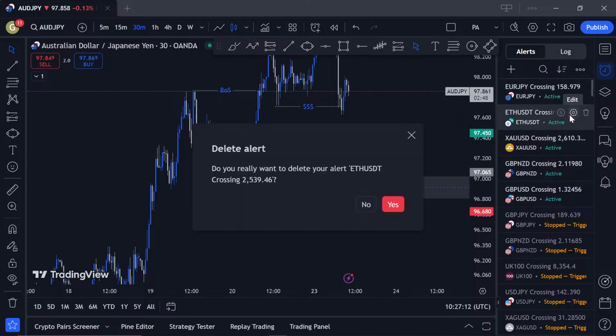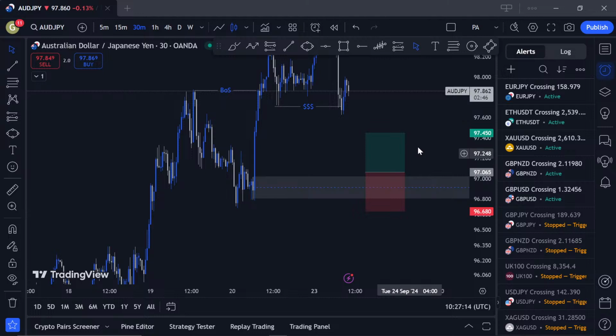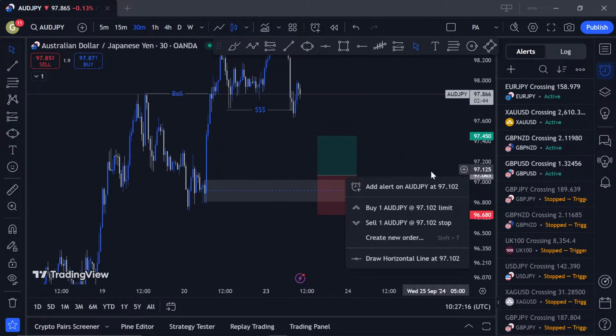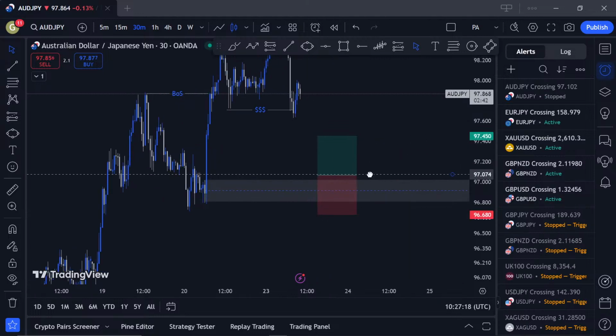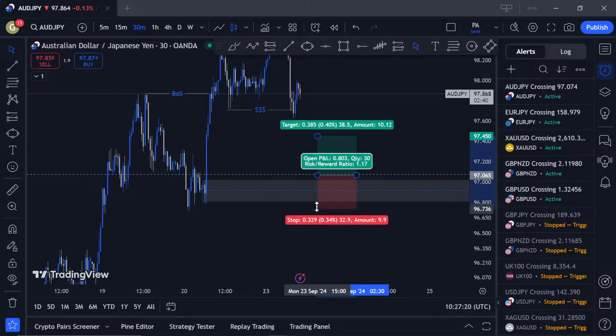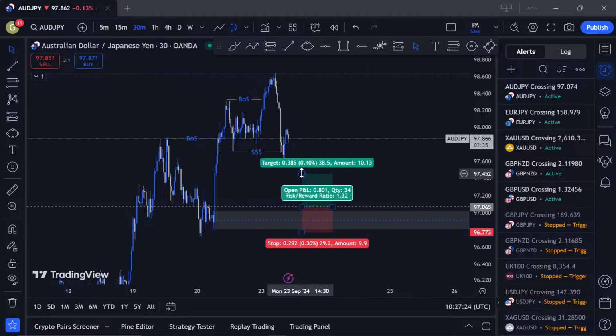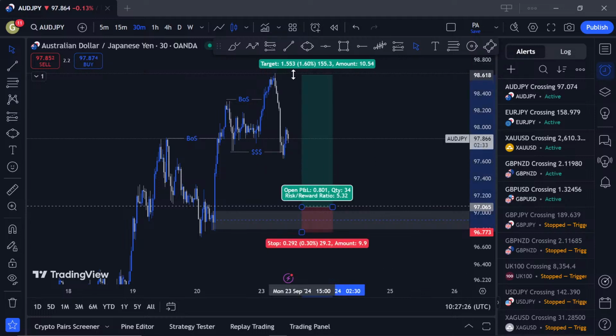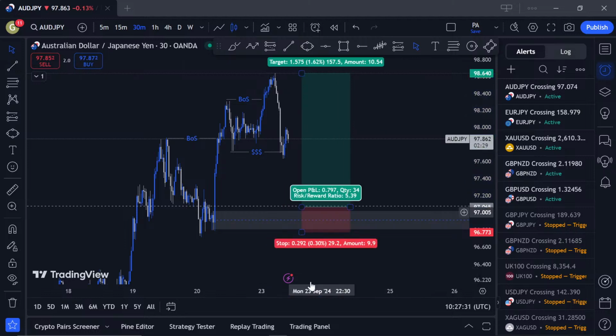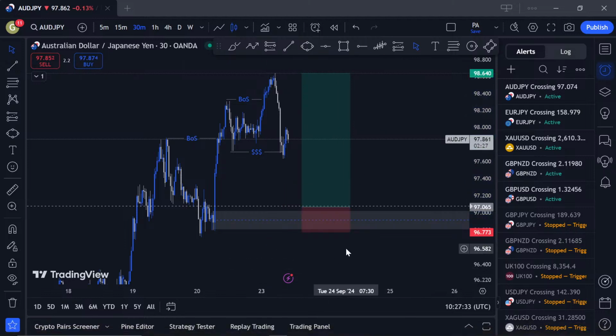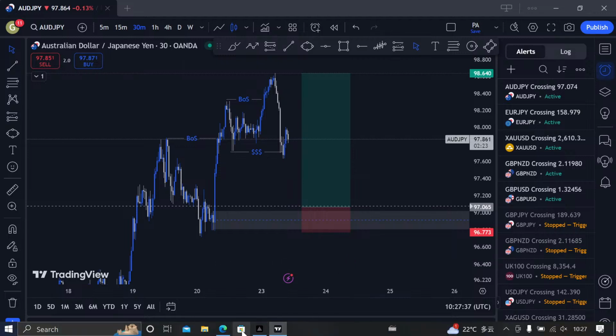Let me remove Ethereum since I've already placed a buy on Ethereum, and then set an alert here on AUD JPY. The market looks good for a buy. So AUD JPY is simply a buy. Wait for the market to come over to 97.065, and then you can buy it from there once it gives you the close you want.